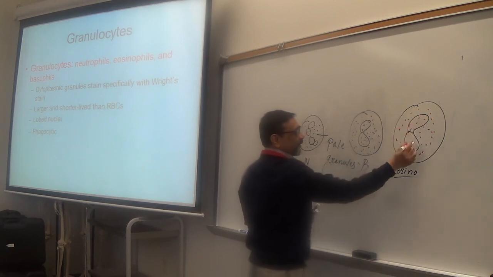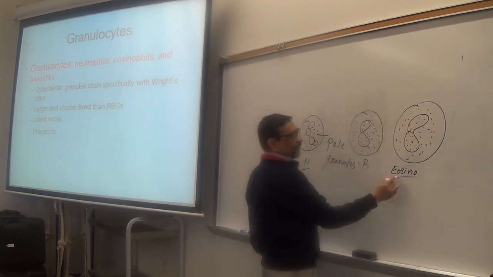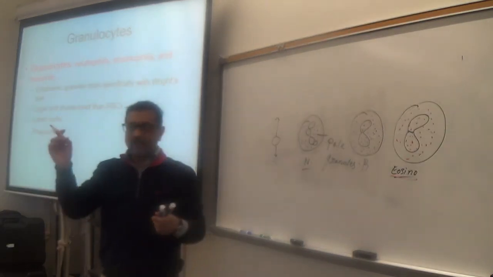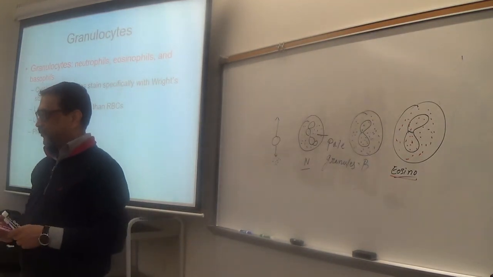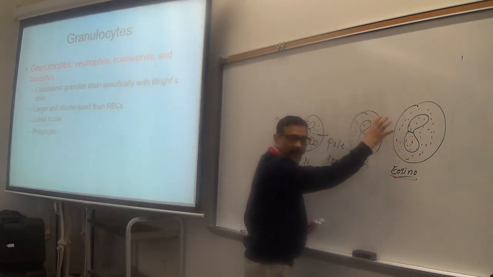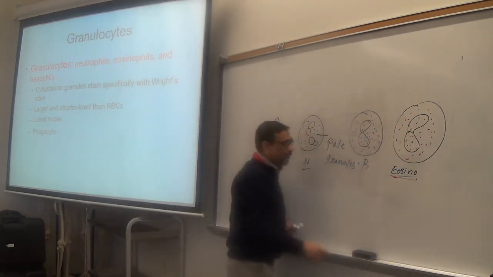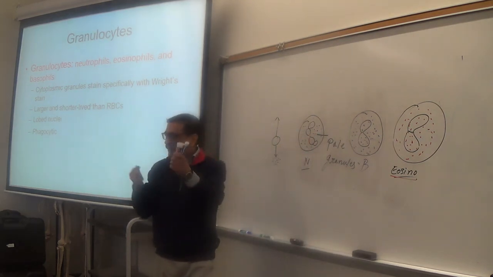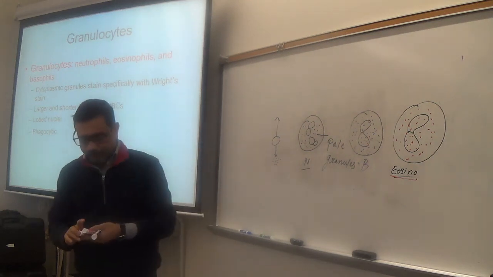So now you see, you can separate them by stain, right? By dye or color. So these 3 are granulocytes, all have granules. Is it clear? But the granules of neutrophil are not very visible because they take both stains.